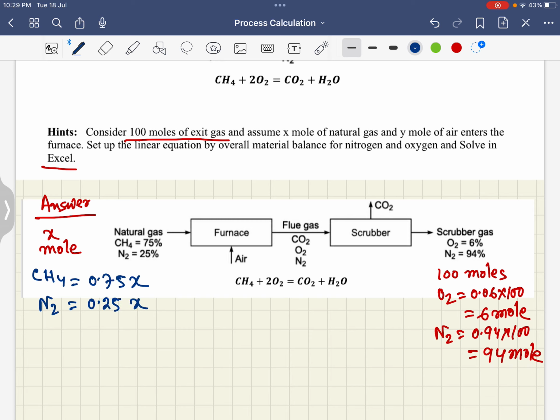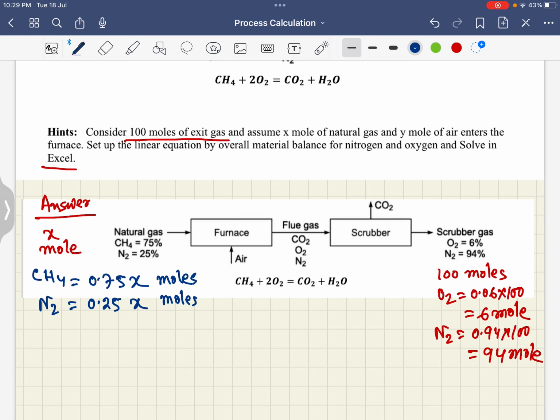So methane will be 75%, that is 0.75x moles, and nitrogen will be 0.25 into x, that is 0.25x moles.